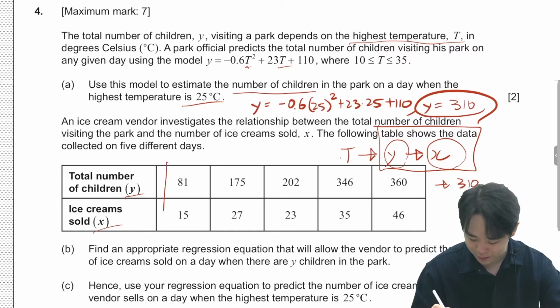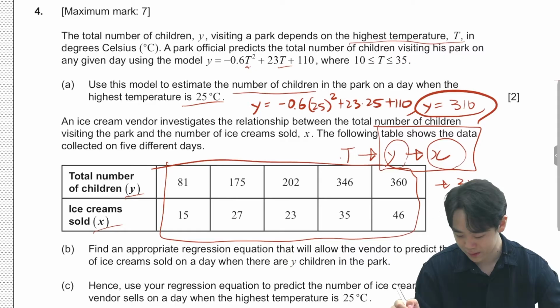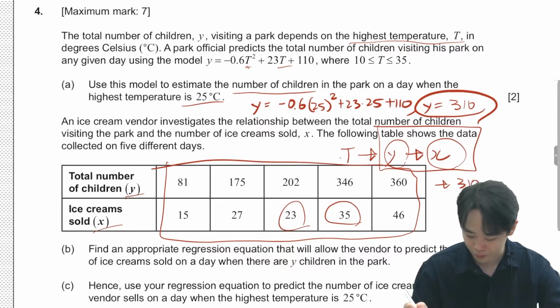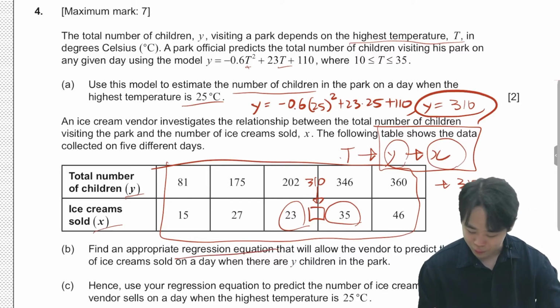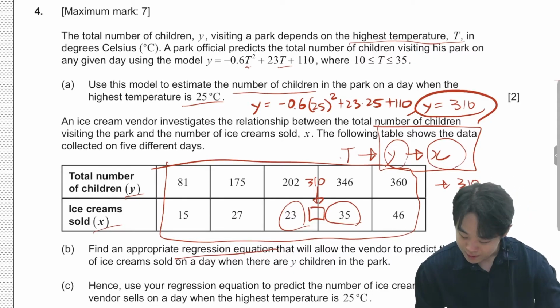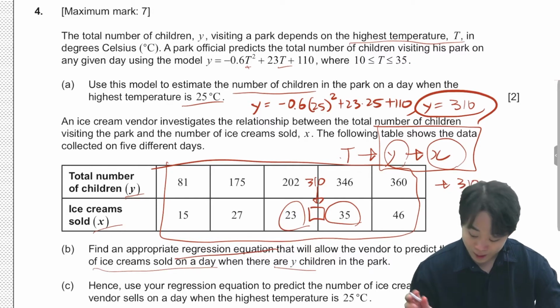So based on these data points, we know that we're going to get somewhere between 23 and 35 ice creams sold, because 310 children is going to be here. We want to find out what that is, right? In order to do that, we need a regression equation that predicts the number of ice creams sold when there are y children in the park.